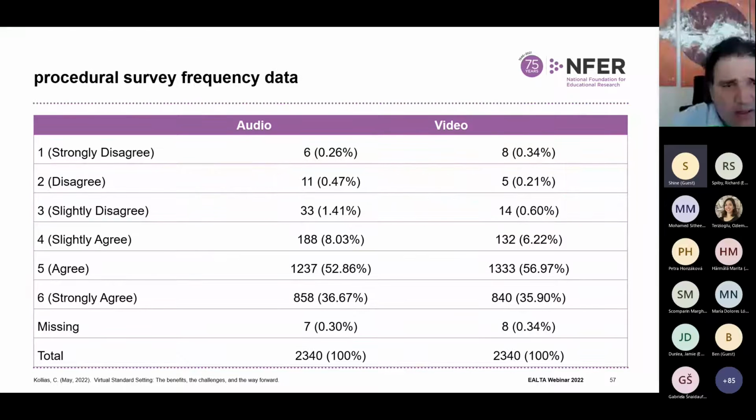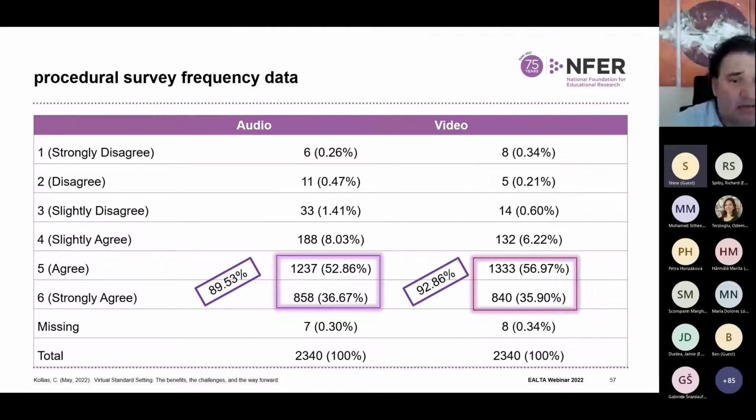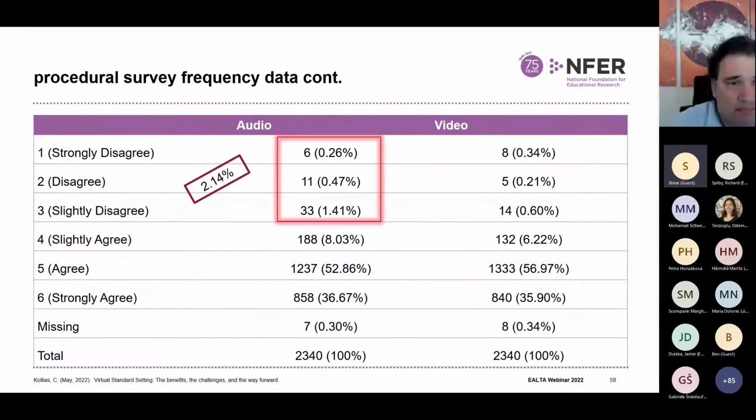Now, as far as the procedural evidence, the ones asking whether or not they understood the task, whether they could do the task, whether they had enough time to do the task, whether they are confident in their ratings, 89.53% in the audio and 92.86% in the video, compared to 2.14% in the audio and 1.15% in the video.